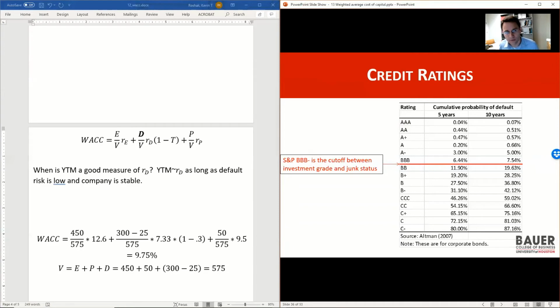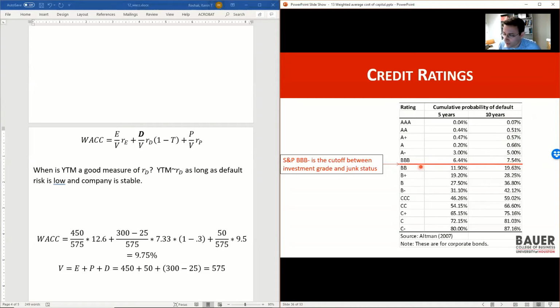These just never default, a very, very low probability of default. As you go down these ratings, you're getting into riskier and riskier stuff. The cumulative probability of default in 10 years for investment grade bonds, these safe bonds, is going to be less than 1% for anything A and up. It could go up to 7% for triple Bs, but generally a very, very low probability of default over a 10-year horizon.